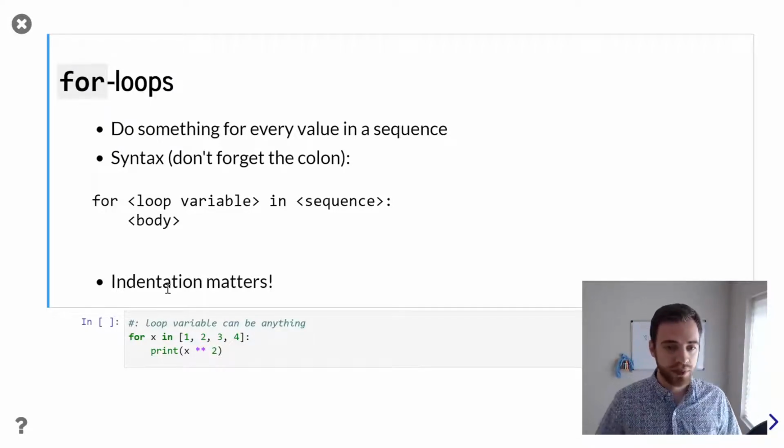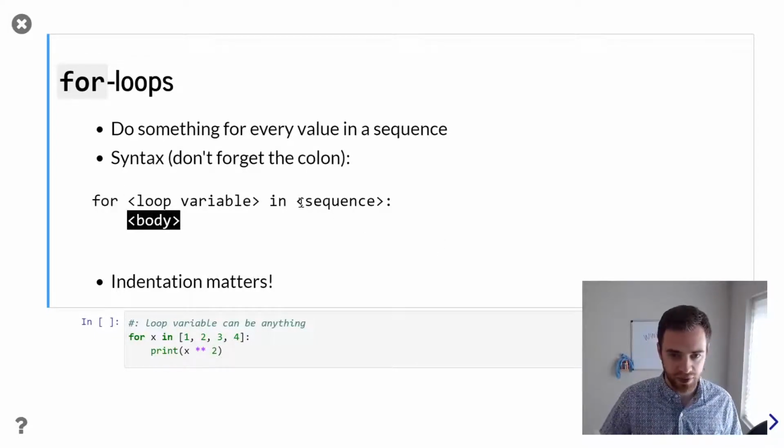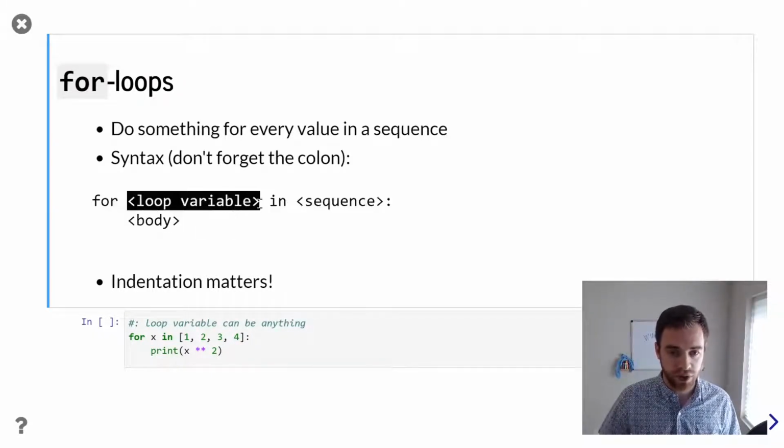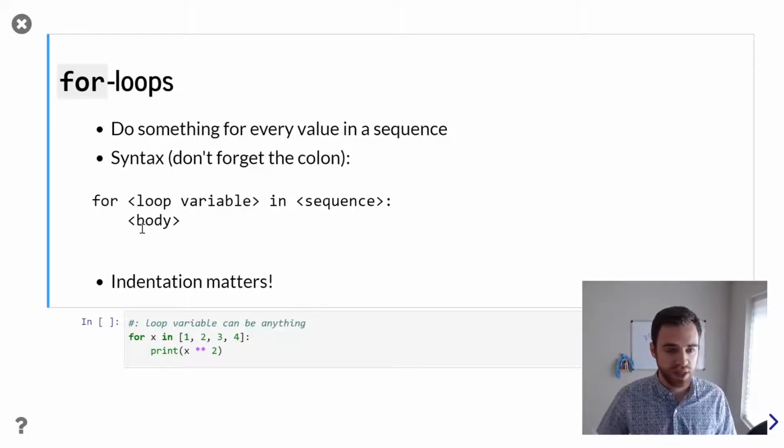And then you give it some code that you want it to execute on every iteration. For every value in the sequence, it'll execute the body with the current value set to be the value of the loop variable. As with other things in Python, like defining functions and conditionals, the indentation matters. So the body has to be indented by a tab.